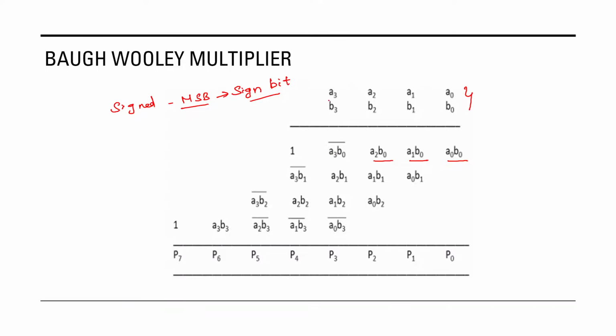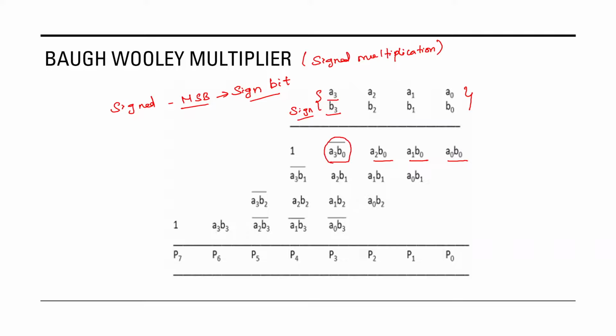Because the A3 bit and B3 bit are both sign bits. Why? Because we are performing sign multiplication. The Baugh-Wooley multiplier can perform signed multiplication. So here A3 and B3 indicate a sign bit. That's why you can see here A3 B0 bar.